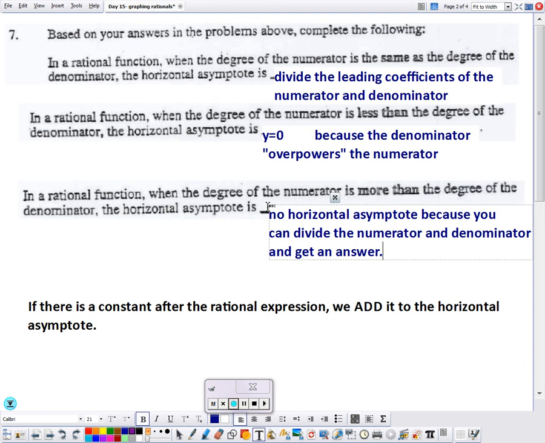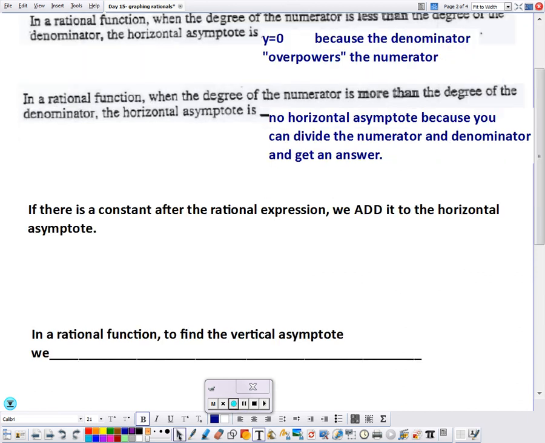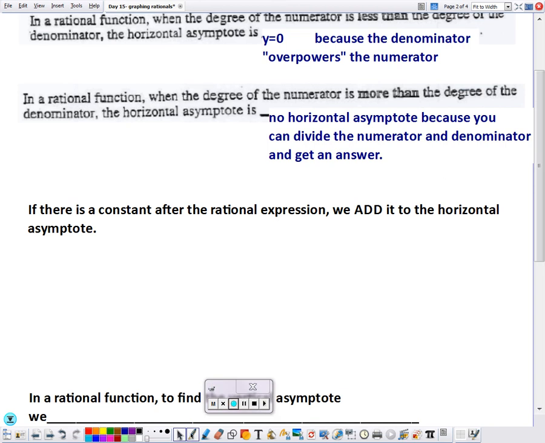There's one thing we need to add to this, and that is if there is a constant at the end. So, for example, let's say we've got something like f of x equals 1 over x plus 2, plus 5.